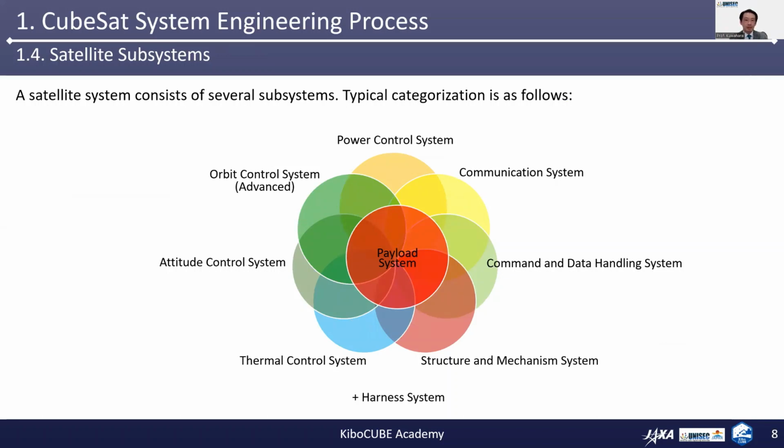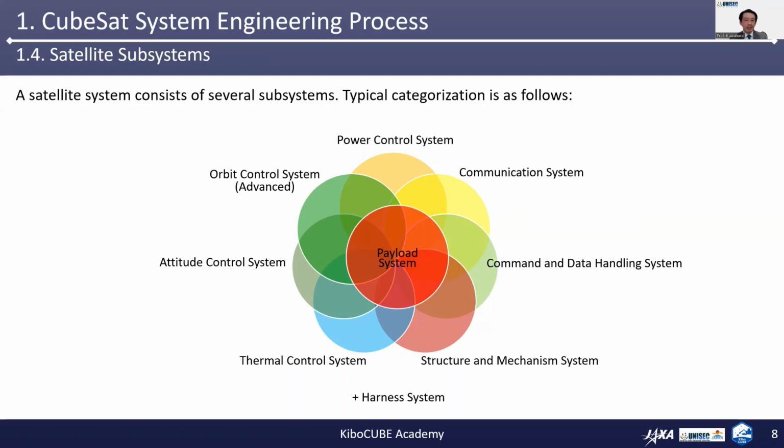These engineering aspects will fall into the categorization of subsystems that can be defined in the way you see on this slide. So please remember that a satellite can be described as a composite of subsystems, which are classified according to functionalities and interfaces between them.